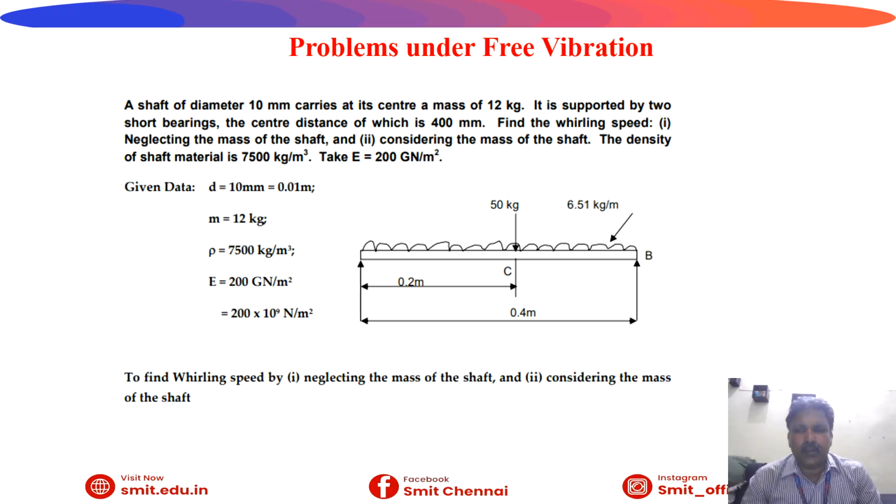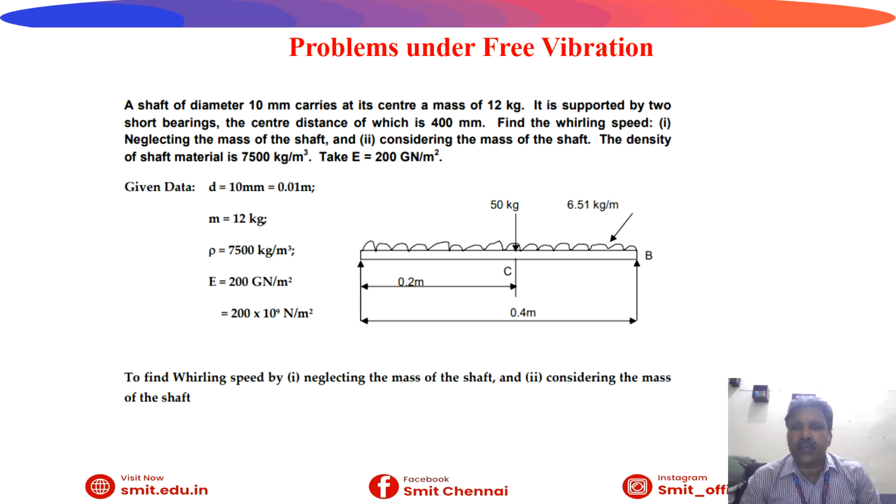Then, students, you must know how to take the given data from the problem. That is a must. Without the given data, it is very difficult to solve this kind of problem because these are formula based. First, you have to capture all the data. What is the diameter d? It is 10 mm, clearly given in the problem, that is 0.01 meter. Mass is 12 kg.